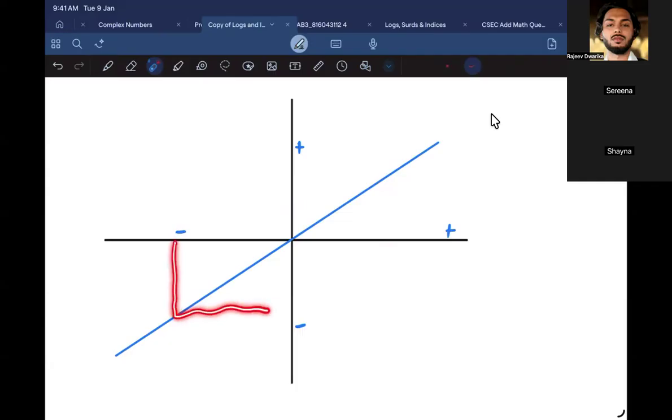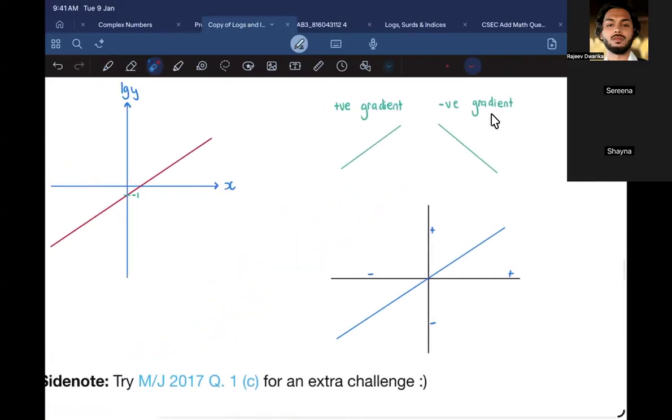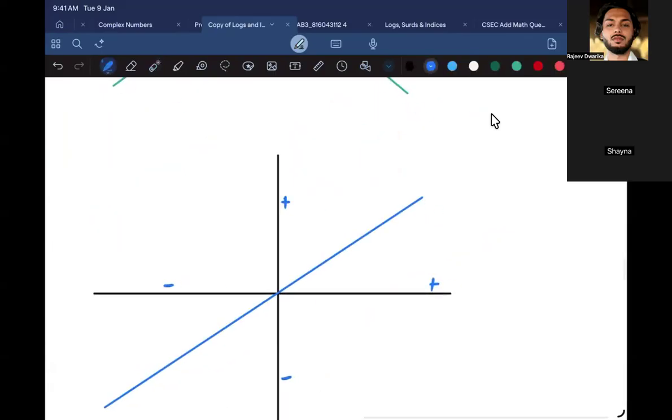What's a negative divided by a negative? A positive. So if you have a gradient in this direction, it's a positive gradient. Yeah, I understand. And if it's in the other direction, like this, a gradient is just y over x. Think of it like that. This is the simplest way to remember it.